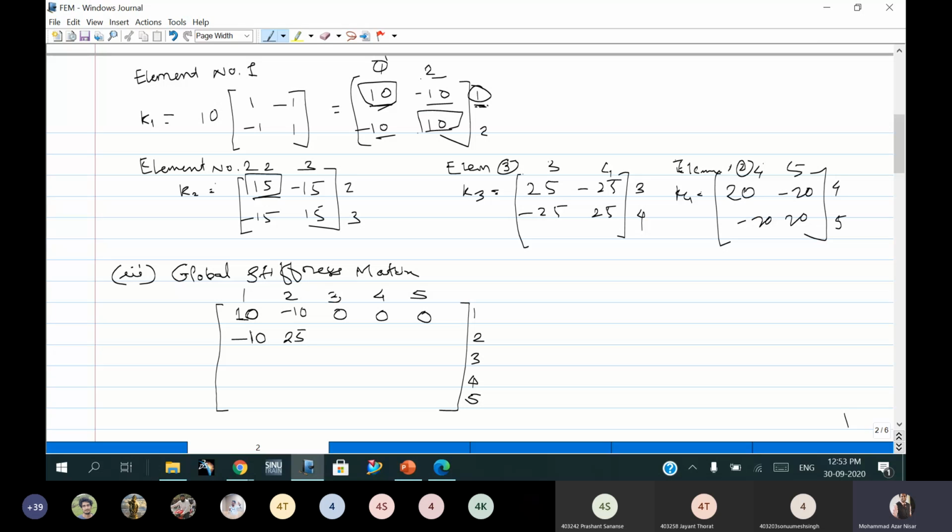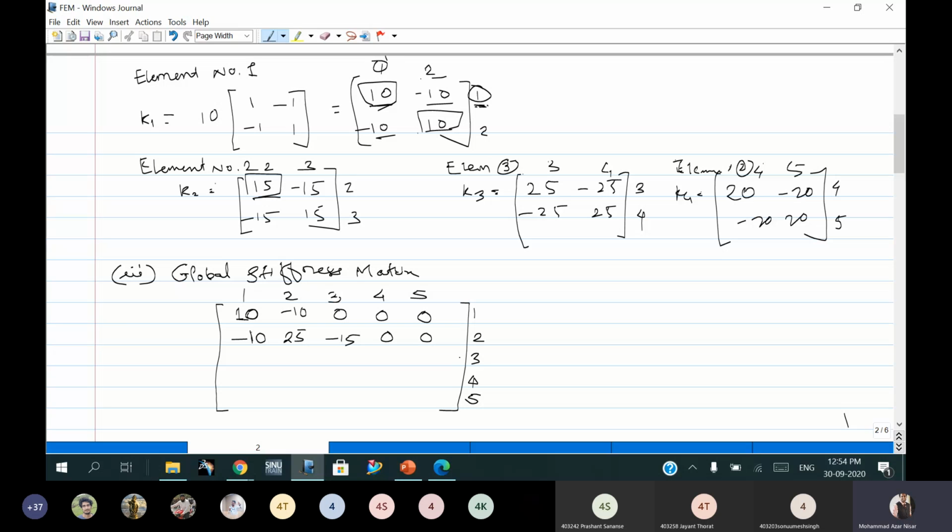So it will become 25, 10 plus 15, for the 2 and 2 combination. Then 3 and 2, we have minus 15. 4 and 2, is there? No, 0. Whether we have 1 and 3? No. 2 and 3 is minus 15.